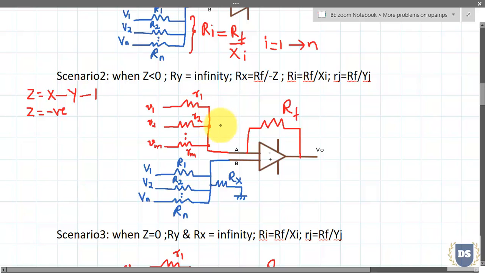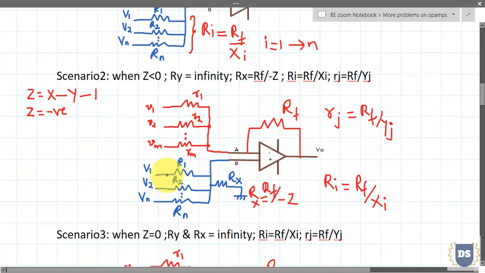So thereby we have left out Ry here, and Rx will be equal to Rf divided by negative Z, and Ri is given as Rf divided by Xi, and Rj is given as Rf divided by Yj.